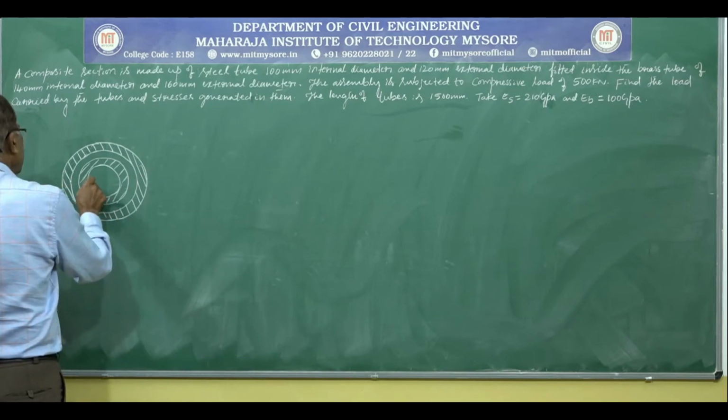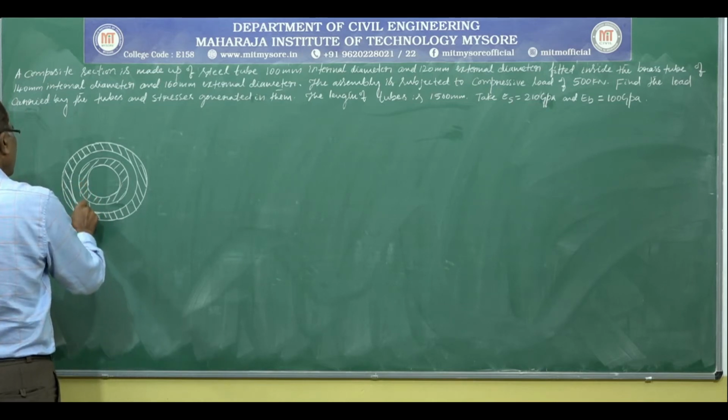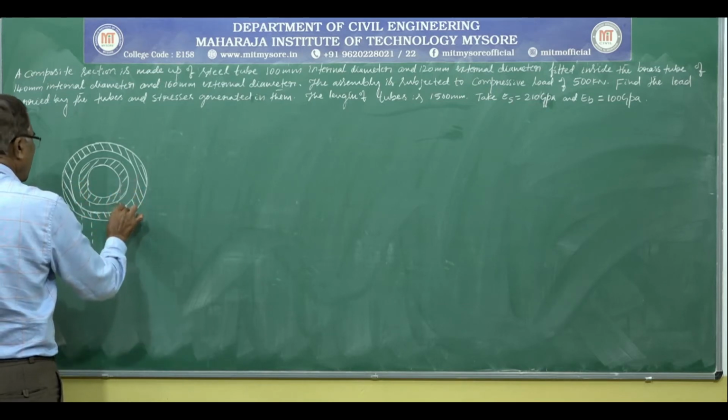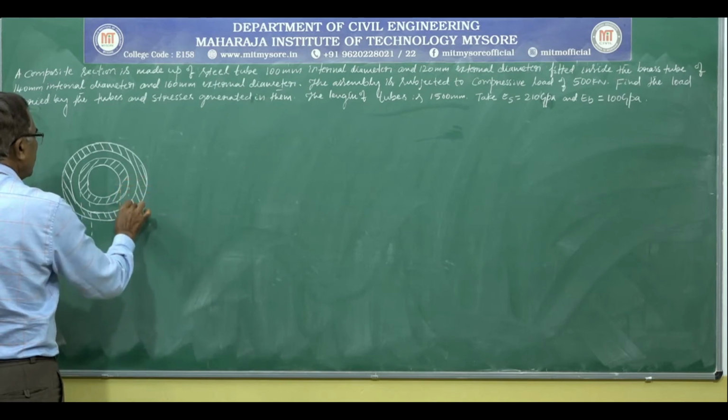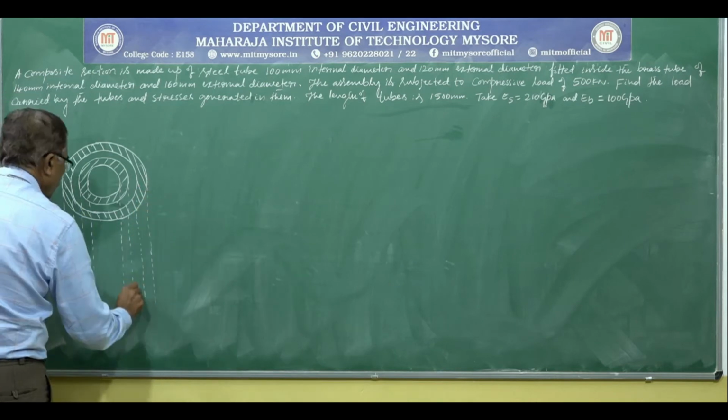To make it as a compound bar, how can we make it as compound bar? We can make it like this. So if you draw the longitudinal section of this tube, it can be arranged like this.